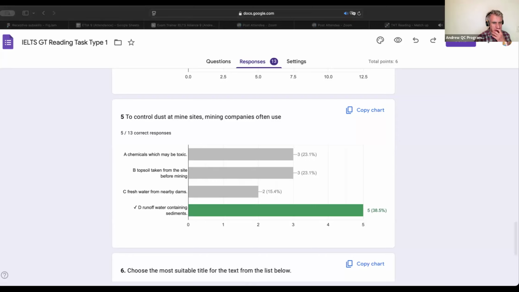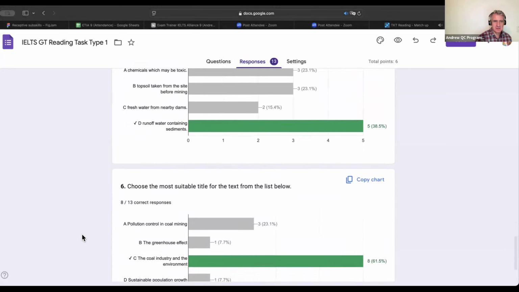Yeah, because it says the latter, meaning runoff, is treated and reused for dust suppression. If you look in the penultimate paragraph, that's where the answer is contained.